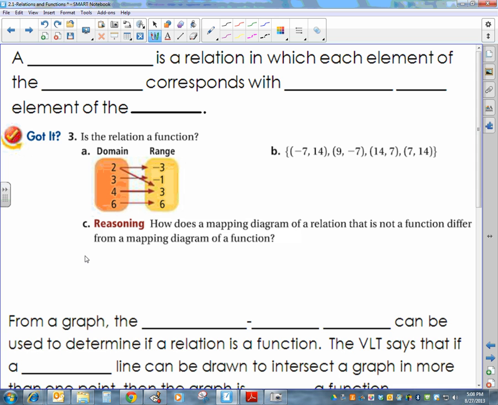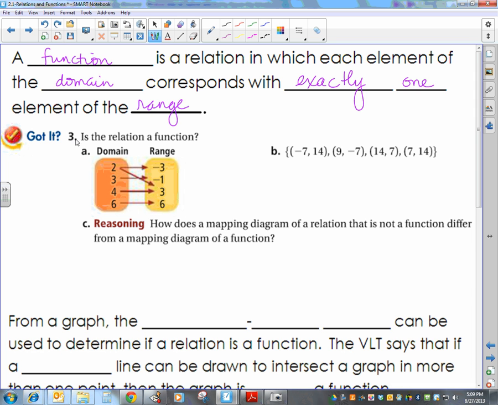Let's talk about what a function is, which is a special kind of relation. A function is a relation in which each element of the domain corresponds with, here's that phrase again, exactly one element of the range.